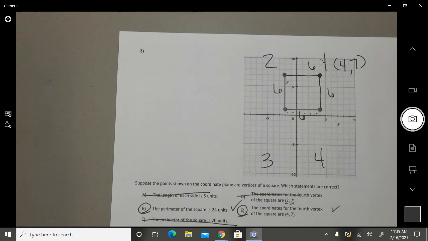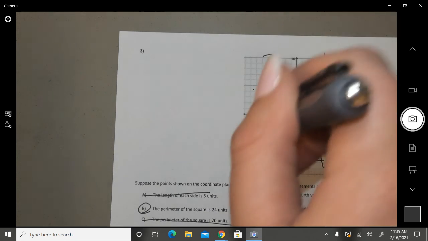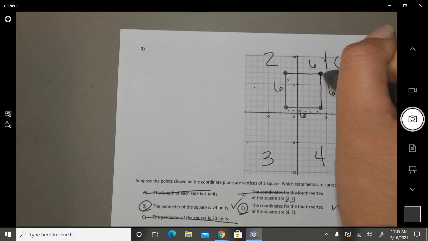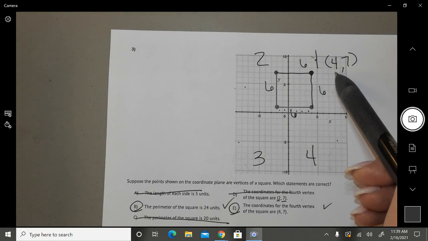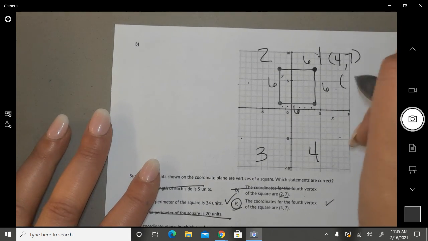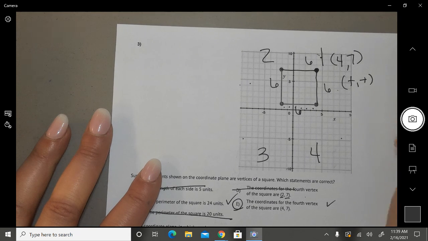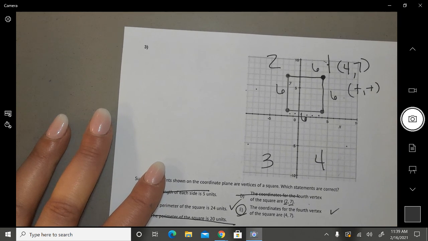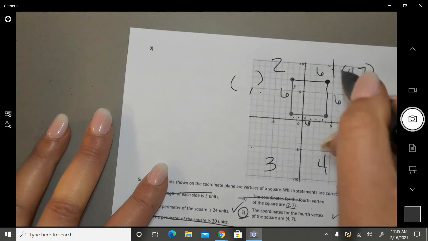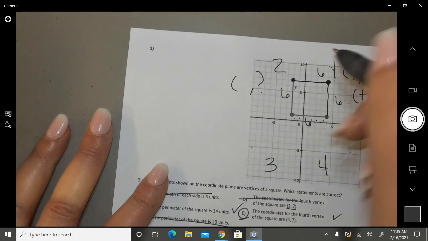We're looking for where they're both negative. Well, we already found this point right here. Are they positives or negatives? Positives. Everything in quadrant 1 is going to be positive, positive. If I come over to quadrant 2, what's this point right here?